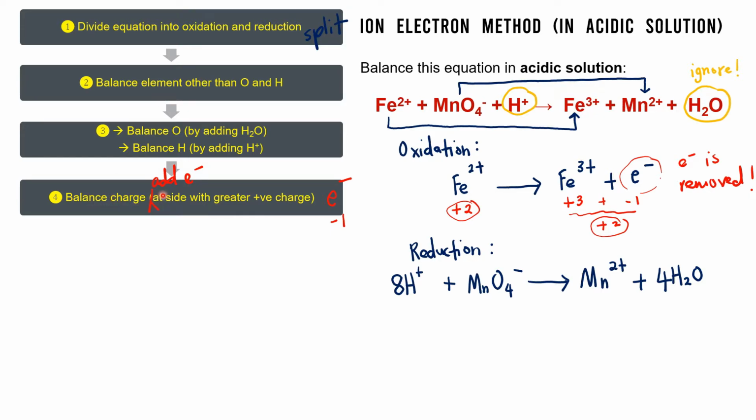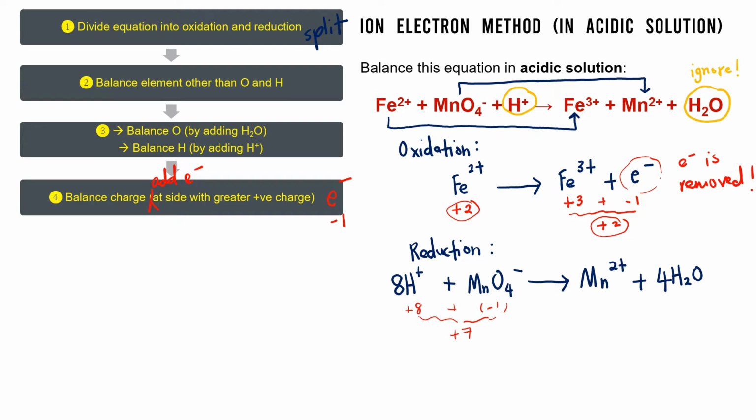Balance charge by adding electron at the side with greater positive charge. Okay, let's check. So di sebelah sini we have 8 darab dengan plus 1, so it is plus 8. MnO4 minus ada berapa? Ada negative 1. So total here is plus 7.